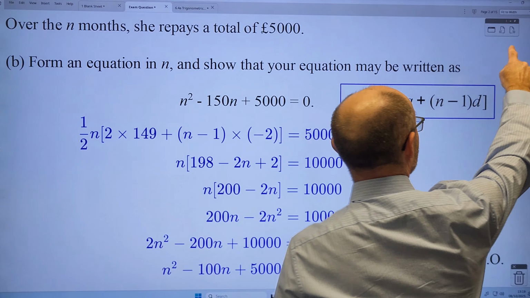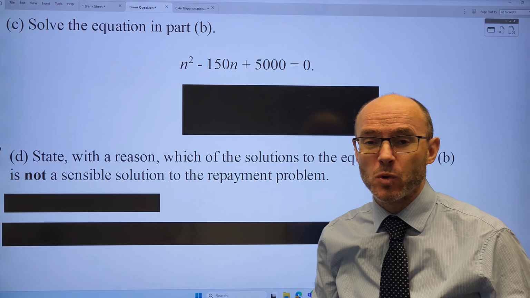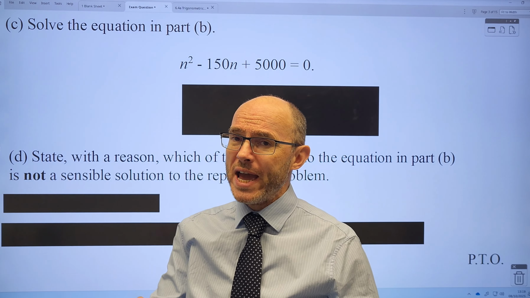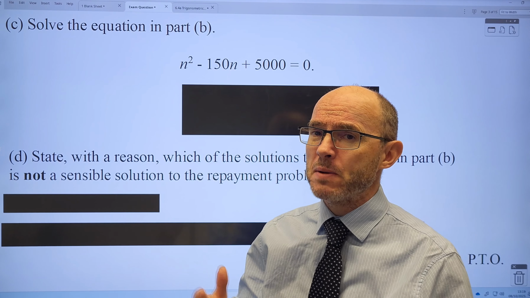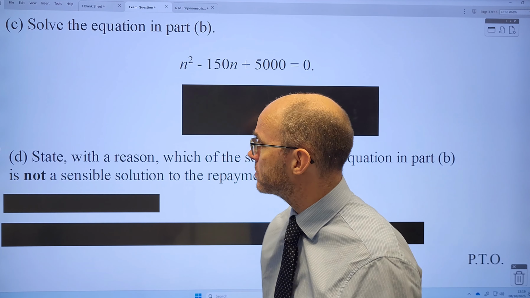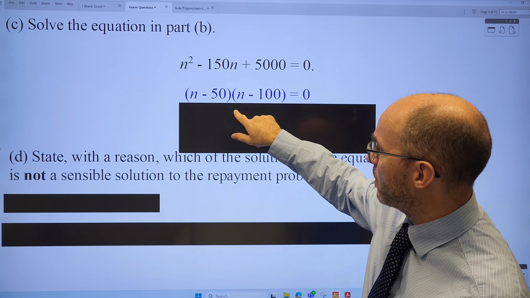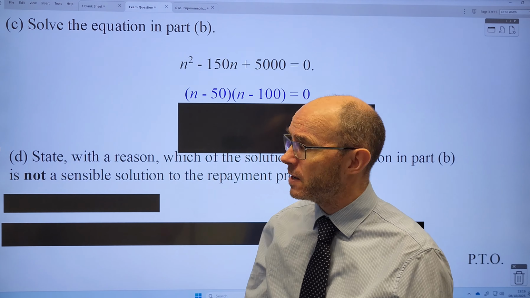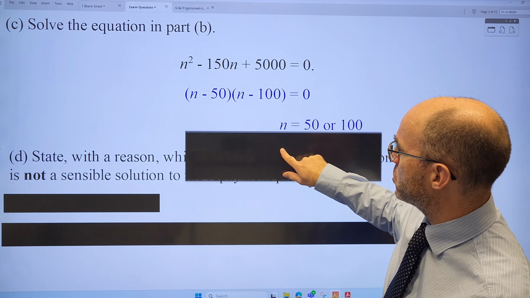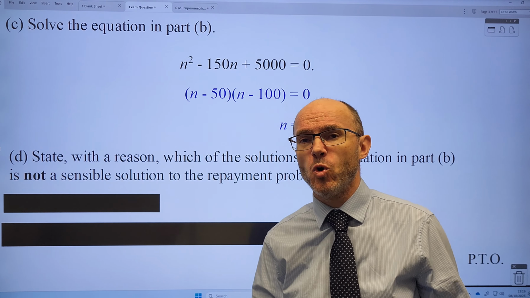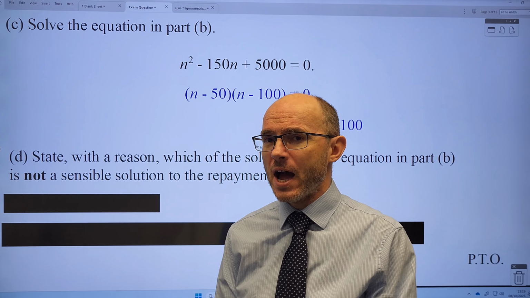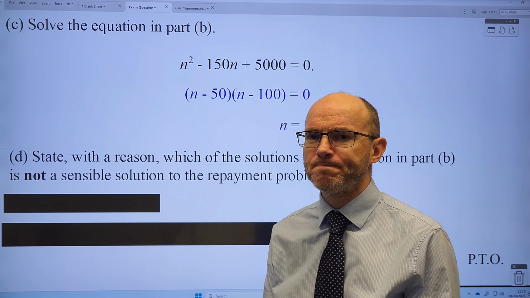Next bit: solve the equation. That makes sense because you want to work out what n is. Remember, n is the number of payments she's got to make, how many months she's got to do this for. That will factorise to (n minus 50)(n minus 100), and you get two possible answers, 50 or 100. The next question is, which one are you going to go for?